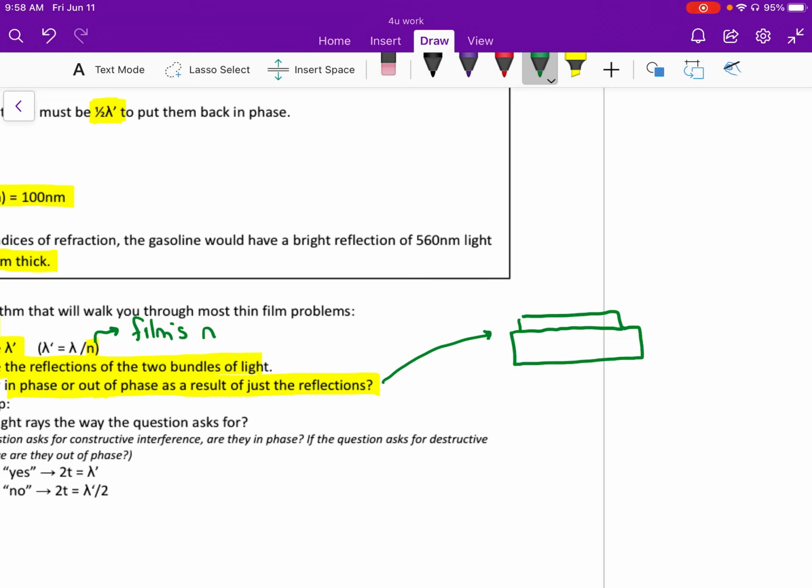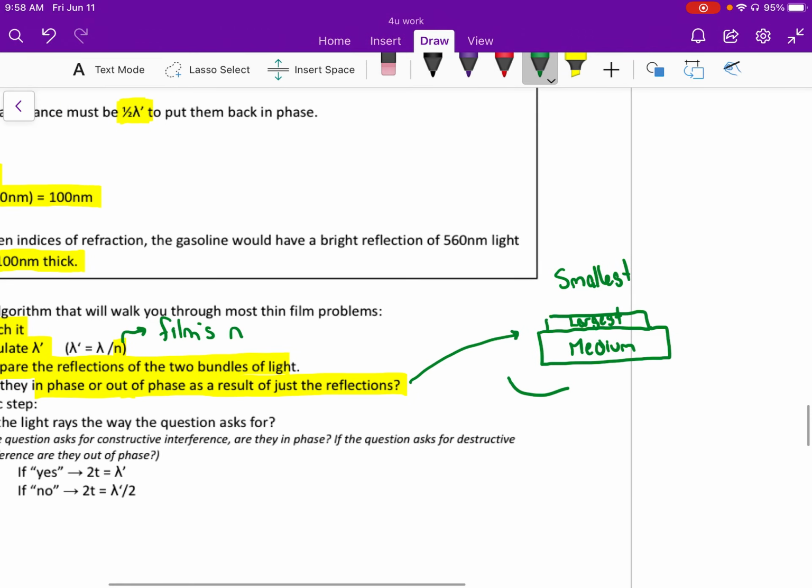The indexes, I would describe those as out of order. It went from smallest to largest, what is the film, and then the medium was behind it. Since they're out of order, smallest to largest to medium, in a situation like that, the reflections are out of phase.